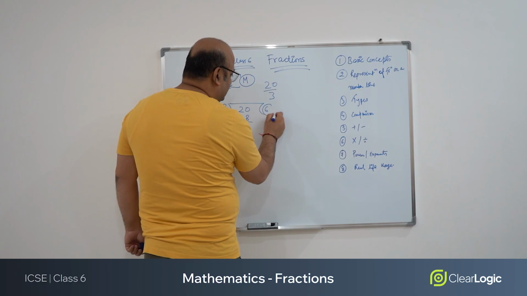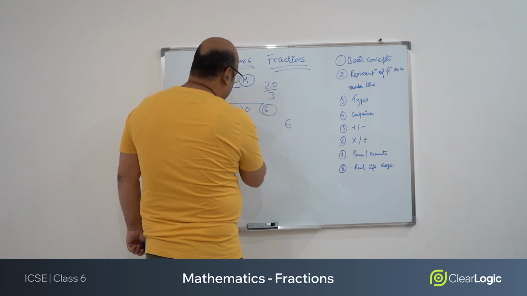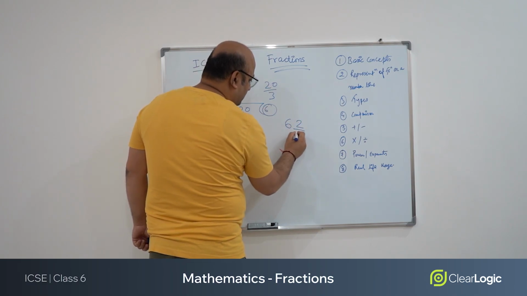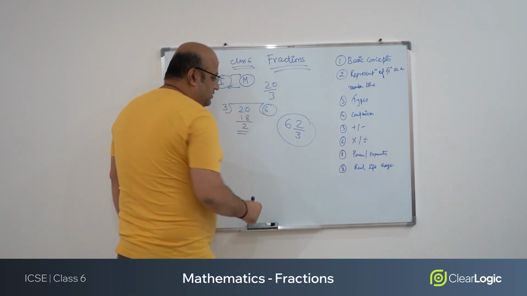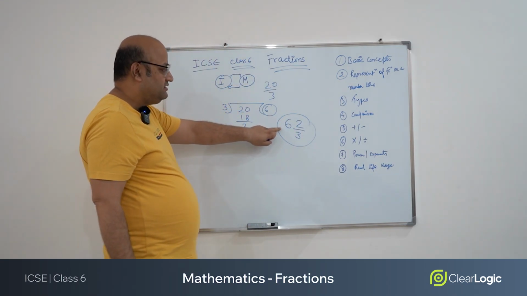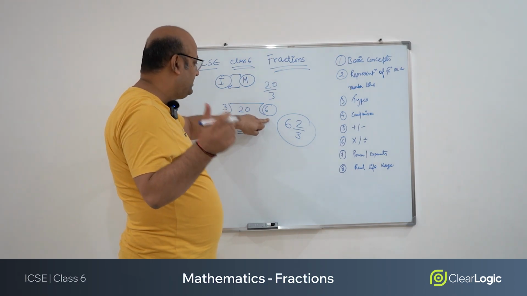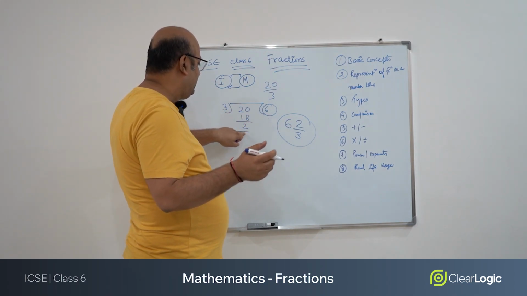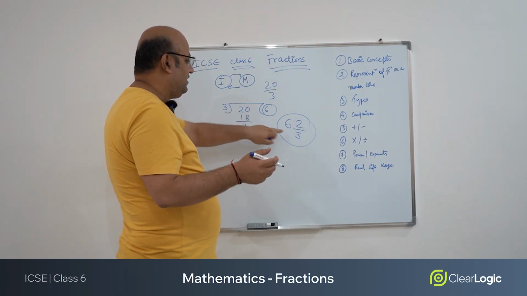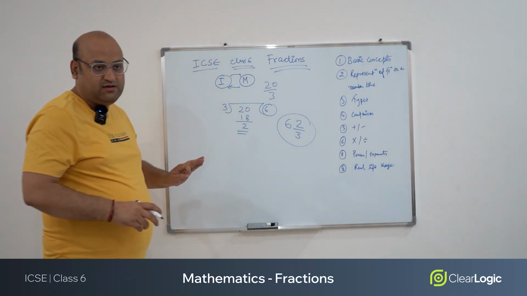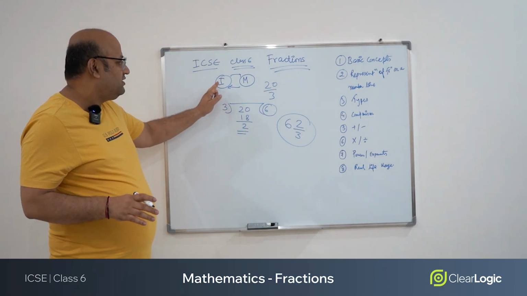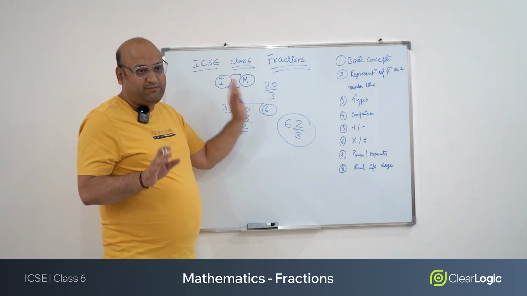So we'll write 6, 2 by 3. Very simple. 6 will be here as the whole number, or natural number you can say, then the remainder 2 by 3 will go here, the quotient will be going here. Okay, so this is how you convert an improper fraction into a mixed one.